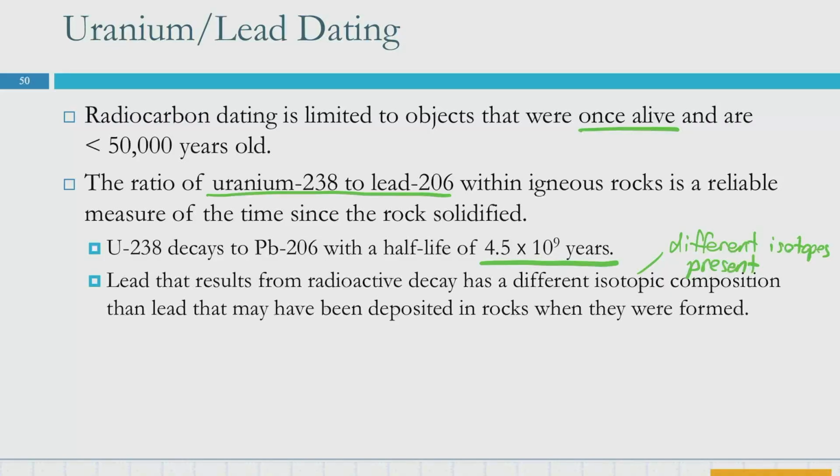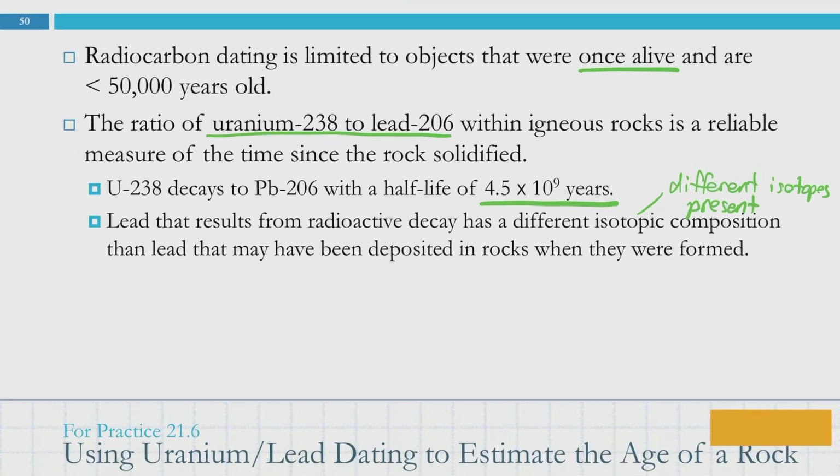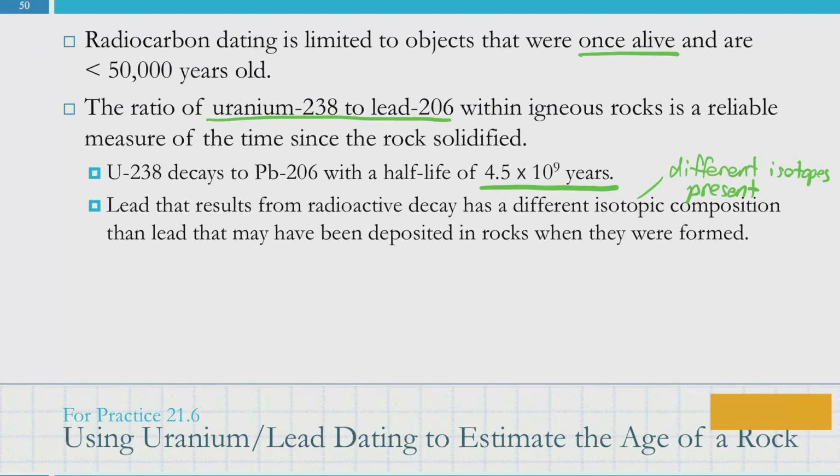So looking at the specific isotopes of lead, using a mass spectrometer or something, we can figure out how much of the lead is this different isotope. And there's probably also still some uranium in there, and we can compare that ratio.